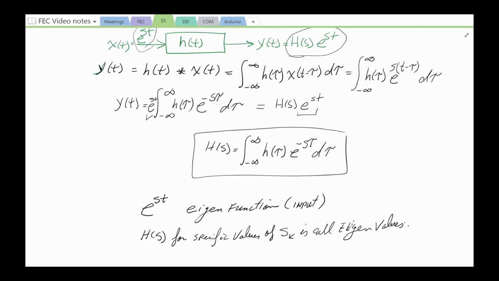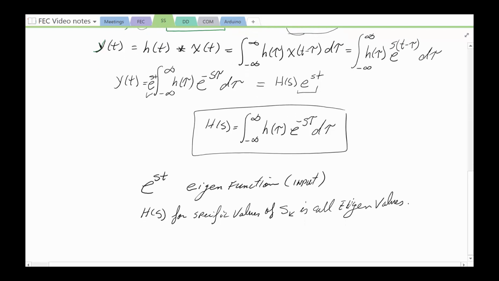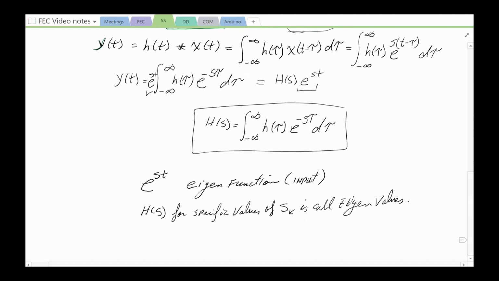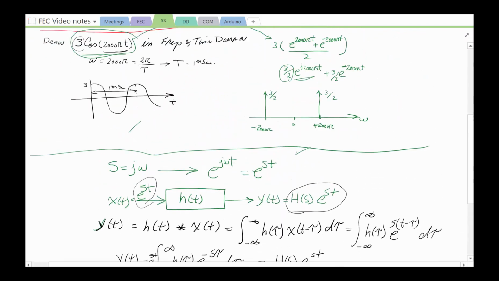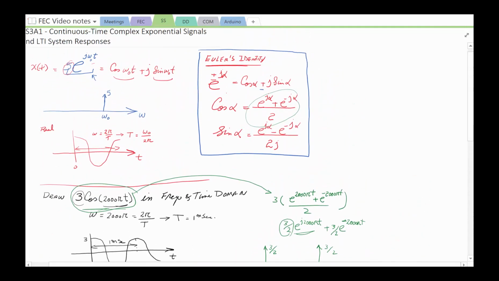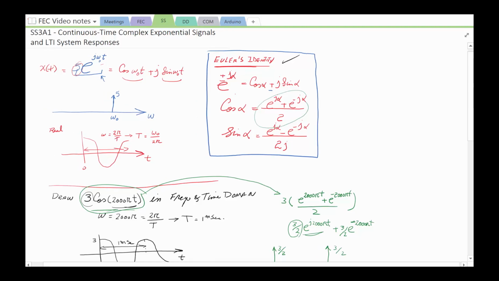So that brings us to the end of this part of the discussion, where all we're doing is introducing a concept. Let's go back and get the essence of it. One is emphasizing the importance of Euler's identity and the fact that you have to remember it.